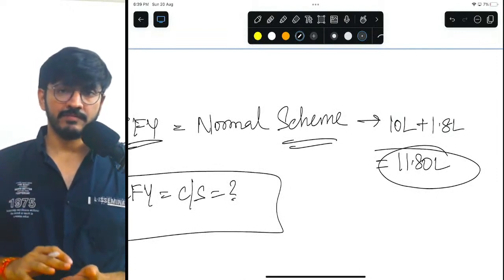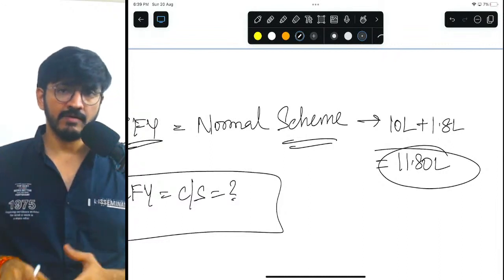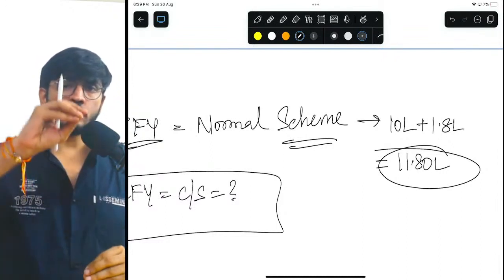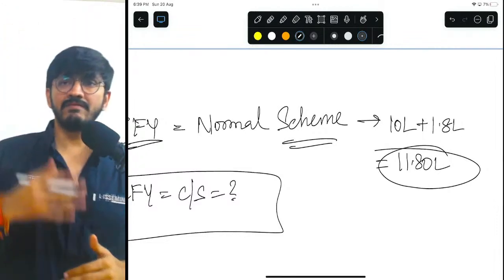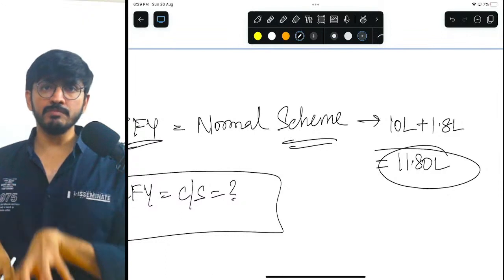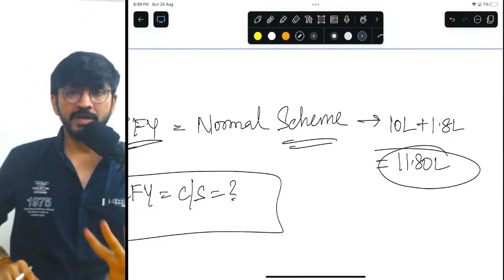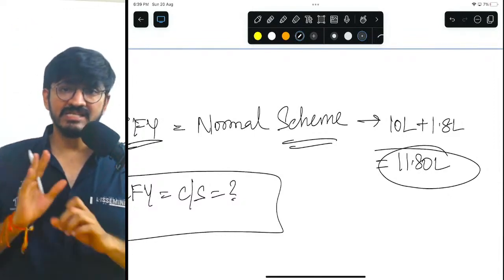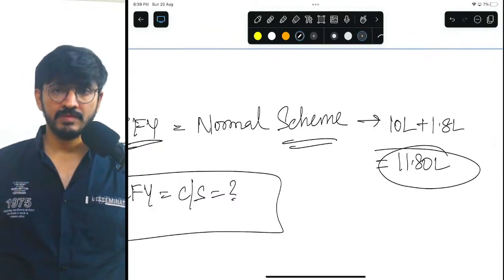Now, understand one thing. Out of that 11.8, how much am I supposed to keep with myself? Correct, 10 lakhs. And 1.8 lakhs you are supposed to give to the government. So 1.8 lakhs is not going to stay with me.